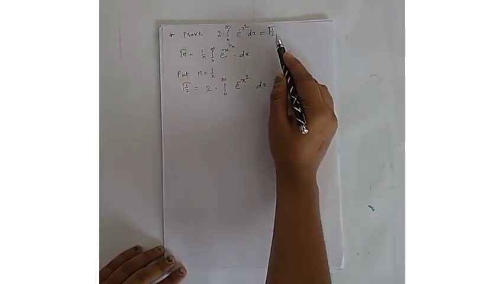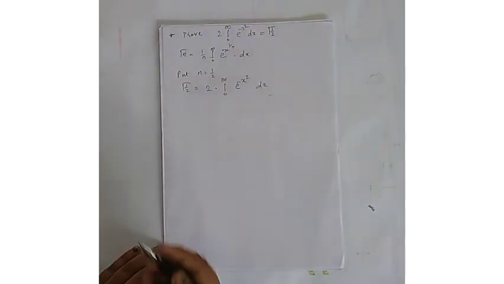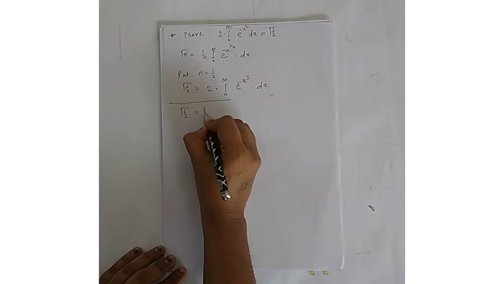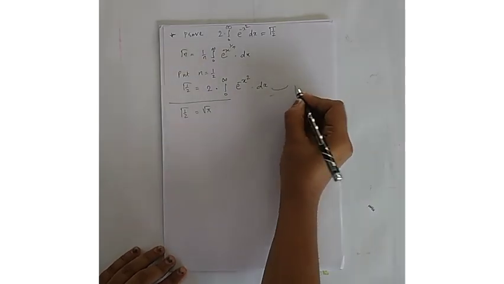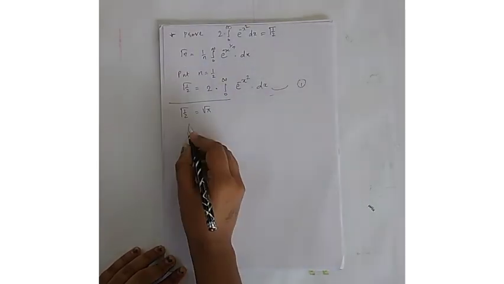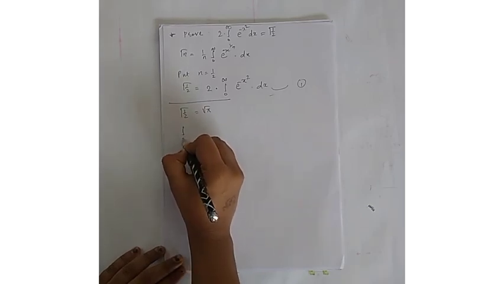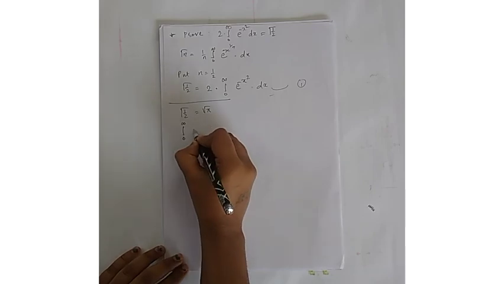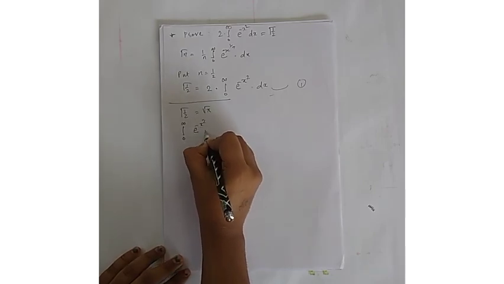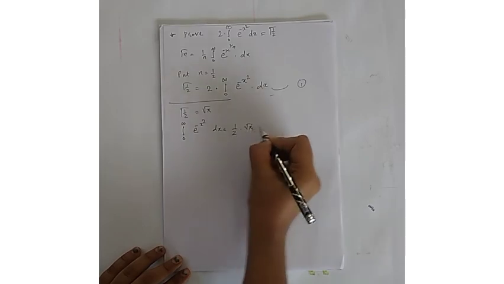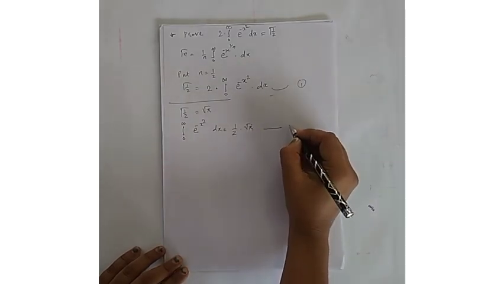Next we are going to prove that the value of gamma 1 by 2 is square root of pi. I have this result, call it 1, and also the result that the integral from 0 to infinity of e raised to minus x square dx is equal to 1 by 2 into square root of pi. I call it equation number 2.